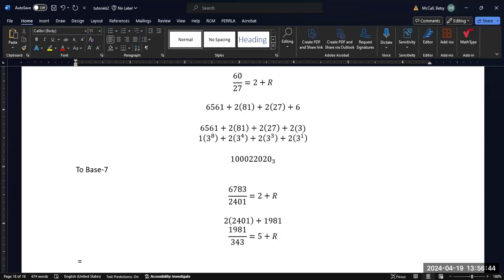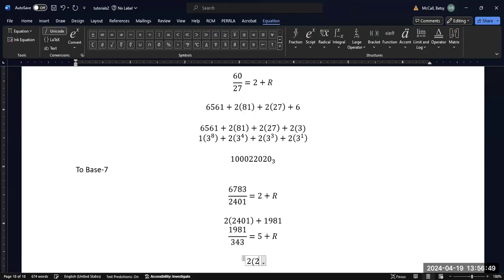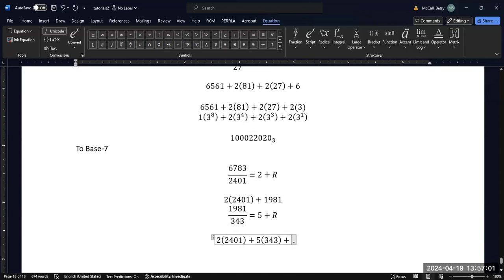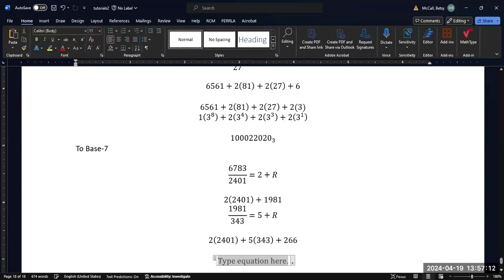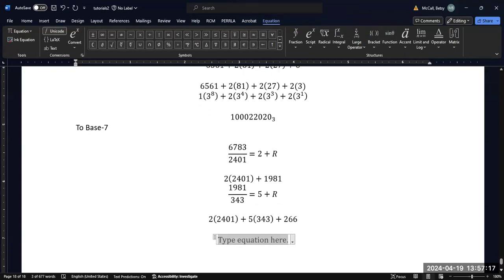So my next breakdown is going to be, I have this 2 times 2401 still, that's my 7 to the 4th, and 5 times 343, which is my 7 cubed. And then what's left, well, I'm going to take my 1981 minus 5 times 343, and I have 266 still to account for. The next lowest power of 7 is 49, 7 squared.